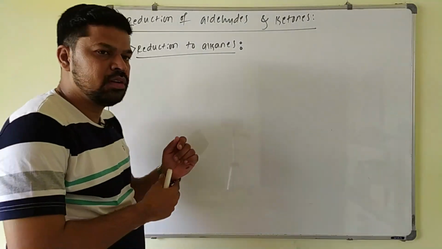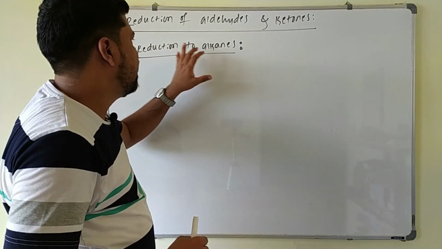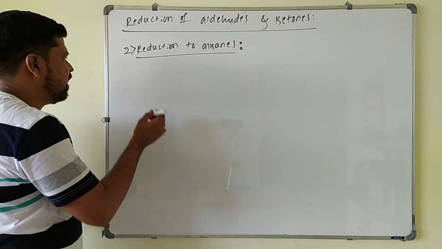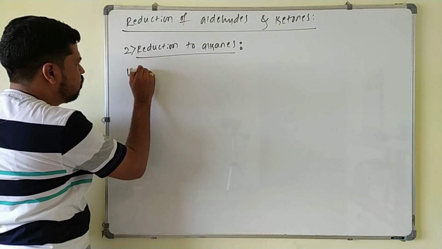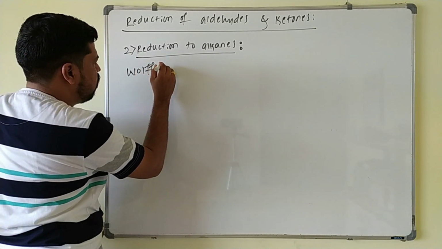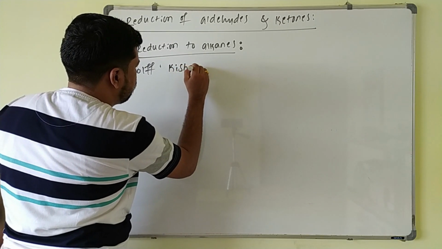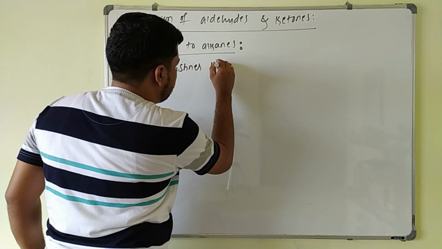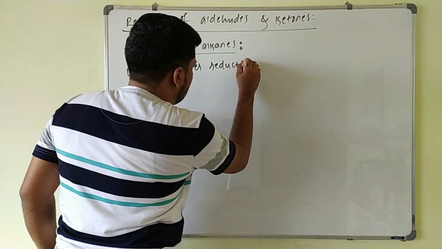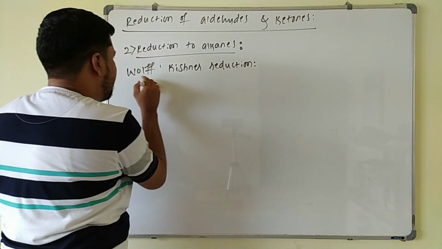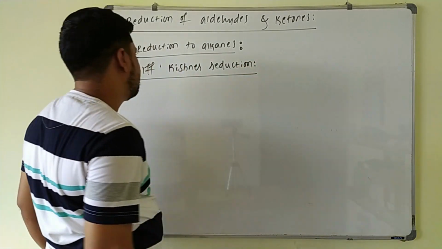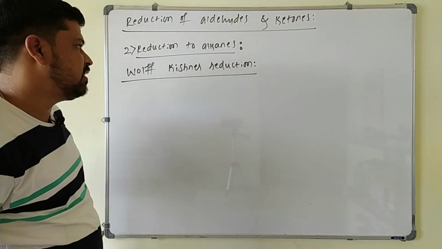Next one. So in this one, reduction to the alkane, another named reaction is there, that is Wolff-Kishner reduction. In this case also, aldehydes and ketones both are directly converted to what? Alkanes here.